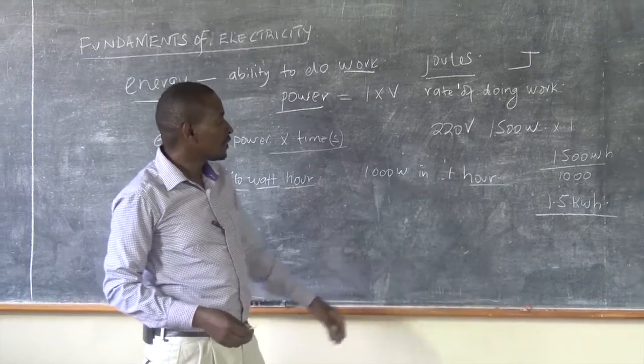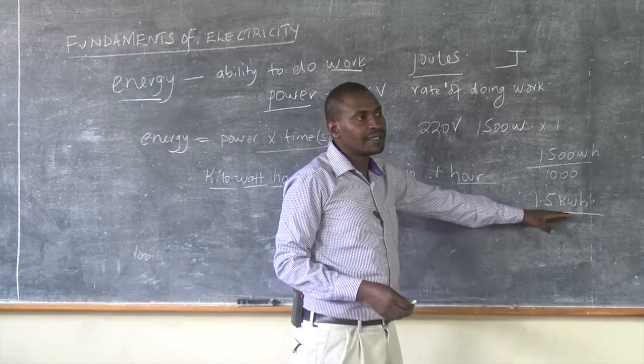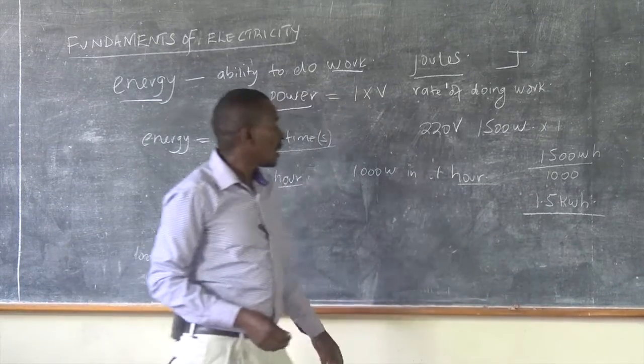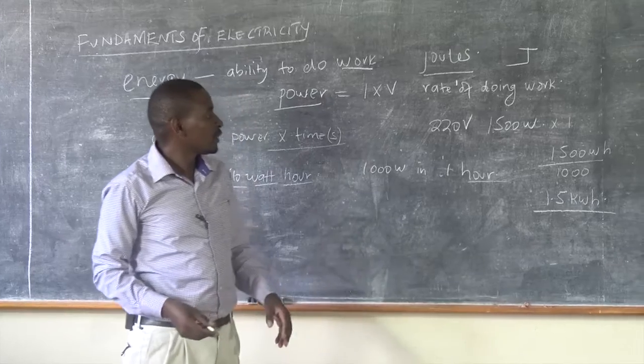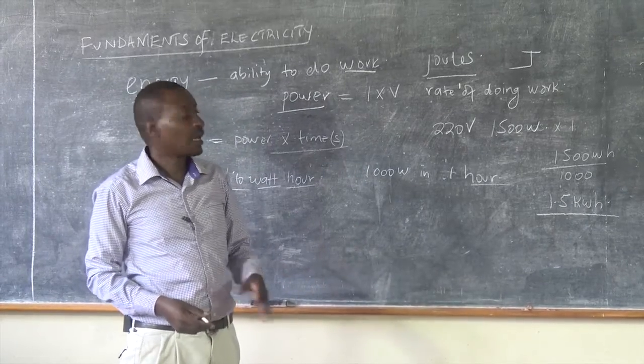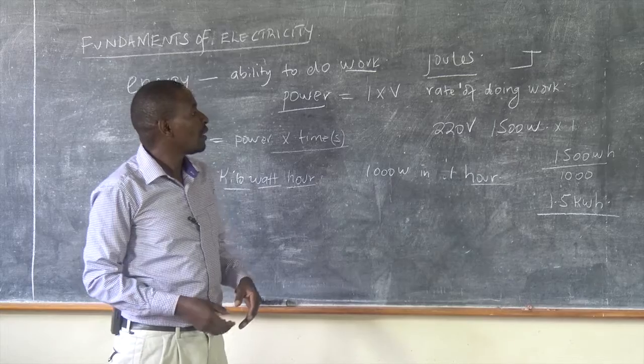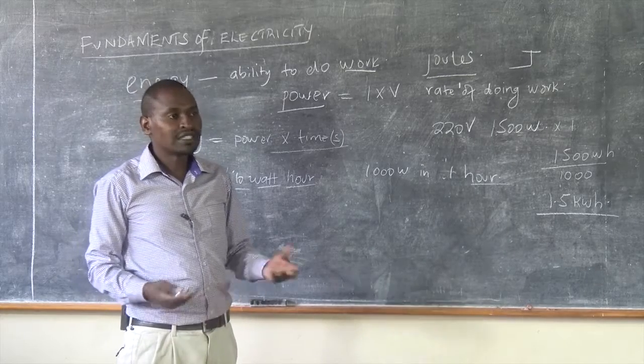Like now, this is the amount of energy that has been used, and we have to know what this 1.5 kilowatt hour does.